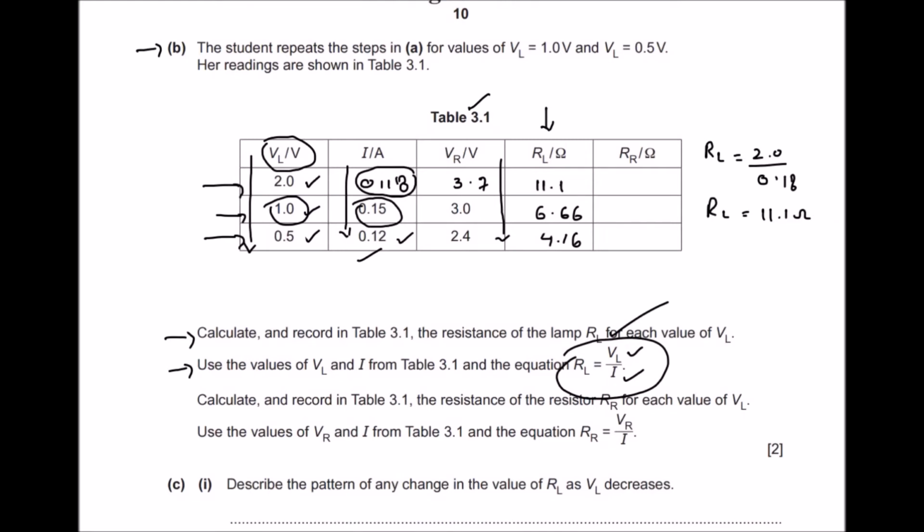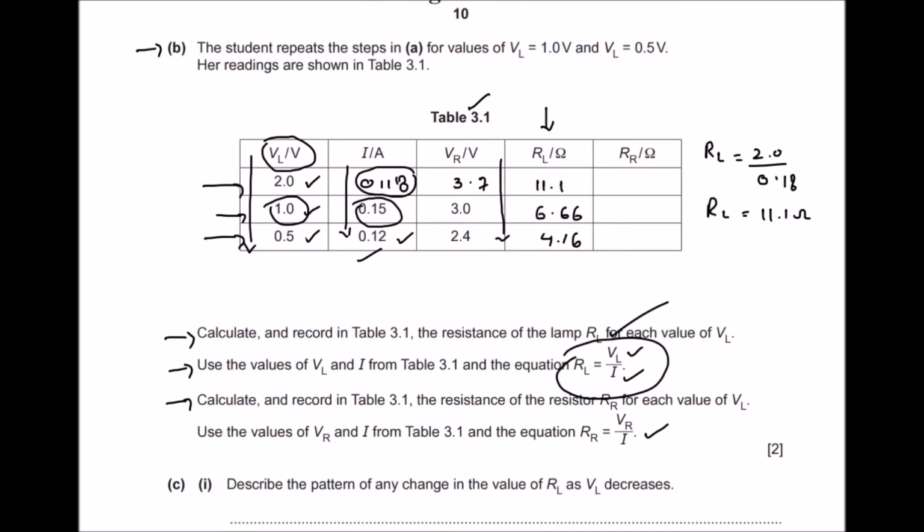In the next part, calculate and record in table 3.1 the resistance of the resistor R for each value of VL. Use the values of VR and I from the table and calculate this one.